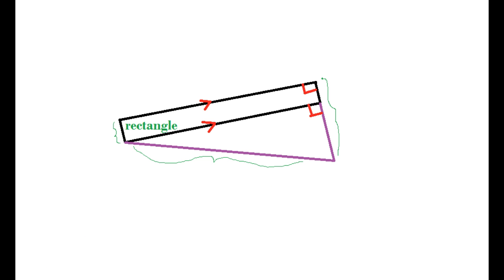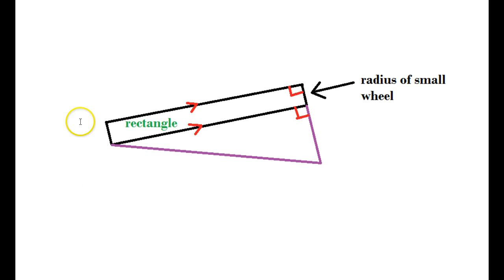So as I said, how do you know how wide to make the rectangle? You make the rectangle exactly equal to the radius of the small wheel. So if this over here is the radius of the small wheel, because it's a rectangle, so is this.